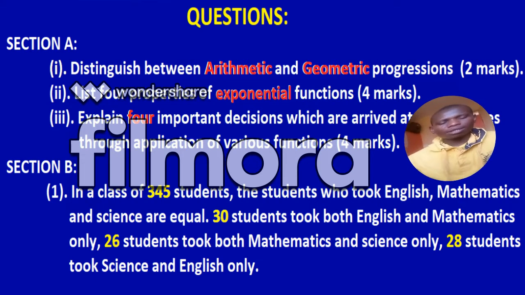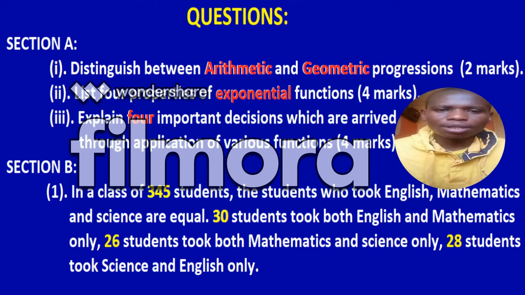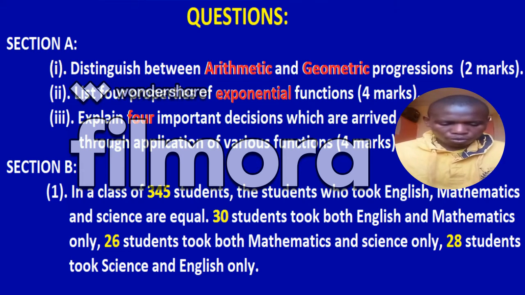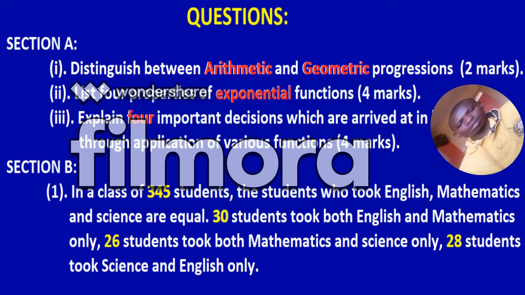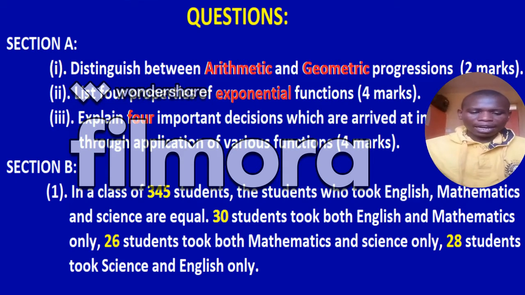Now welcome back. Into section B, we have 4 questions. Question 1 states, in a class of 345 students, the students who took English, mathematics and science are equal in number. 30 students took both English and mathematics only, while 26 students took both mathematics and science only.